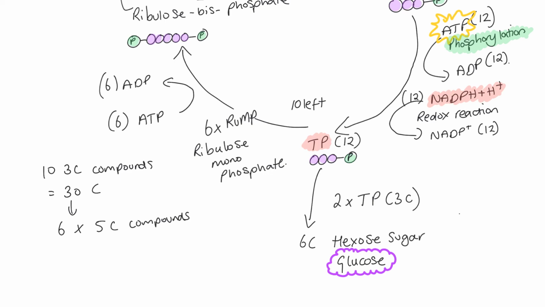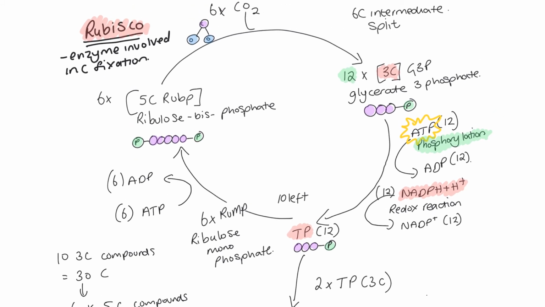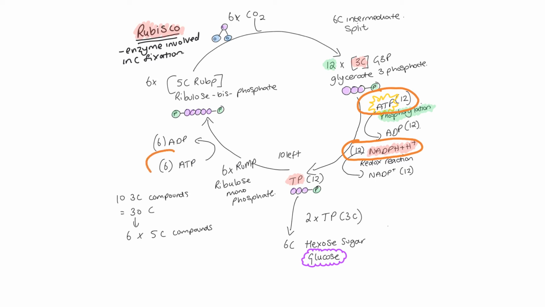So if we look at this whole cycle, for each 6 turns, we use 12 reduced NADPs. We use 18 ATPs, and we produce 1 glucose molecule. That glucose molecule can then be used to convert into all the other organic molecules that we find in plants.